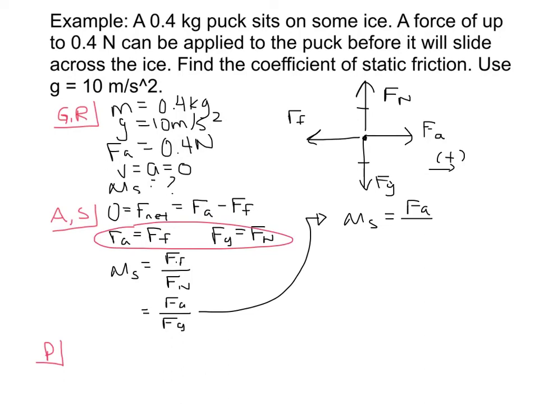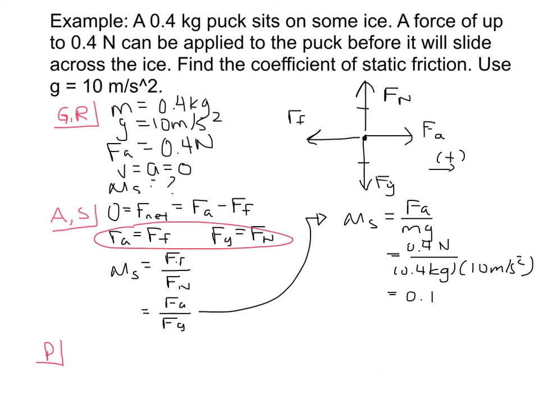So we can do Fa over mass times acceleration due to gravity. So now we can plug in some numbers. So we get 0.4 newtons over 0.4 kilograms times 10 meters per second squared, which gives us an answer of 1 over 10, or 0.1.